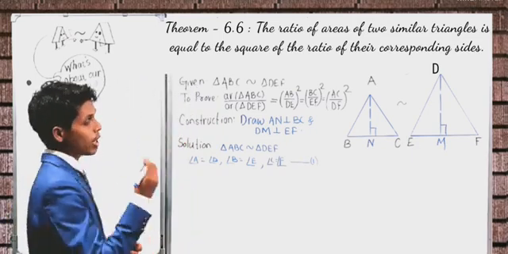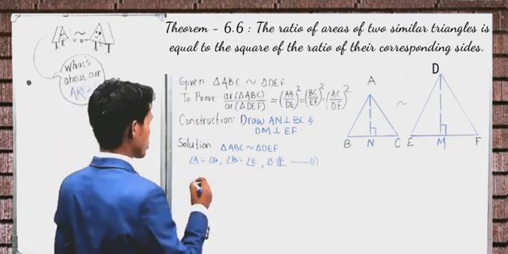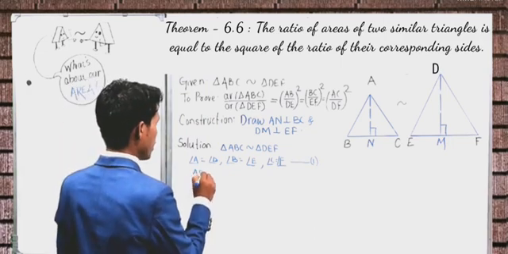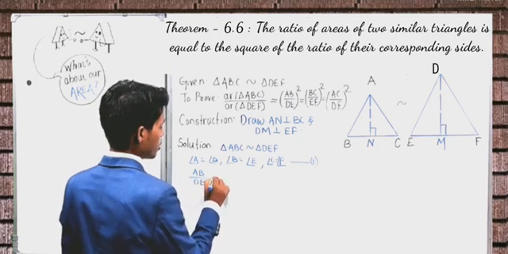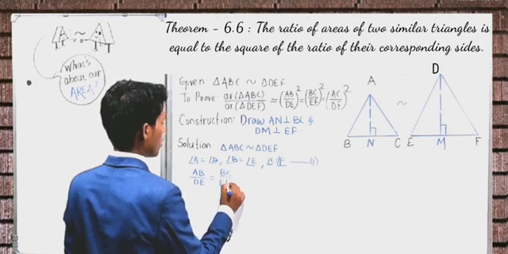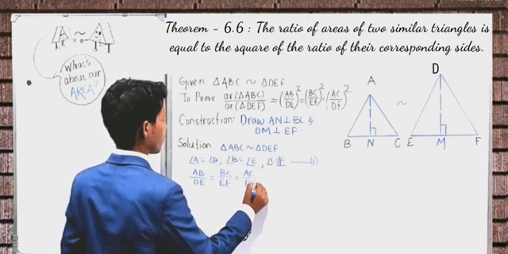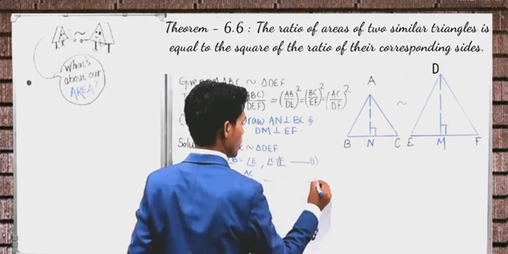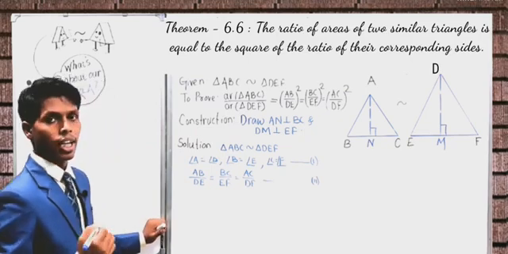Next, we also know if two triangles are similar, then their corresponding sides are proportional. So we can also write AB upon DE is equal to BC upon EF is equal to AC upon DF. Let's take it as the second point.